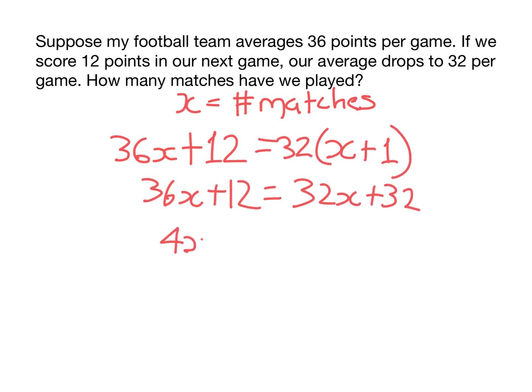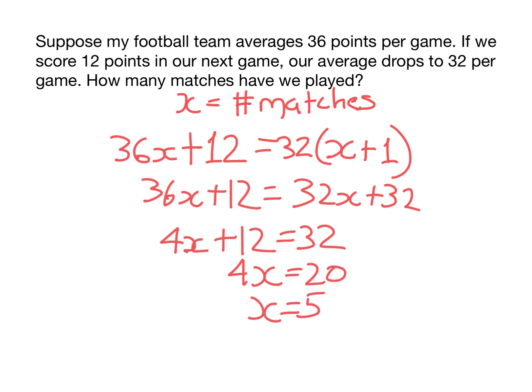So I subtracted 32x from both sides here. Now we subtract 12 from both sides, divide by 4, and we get x equals 5. So how many matches have we played? We've played 5 matches. We've scored 180 points. If we score 12 in our next game, we've scored 192 in 6 matches, an average of 32.